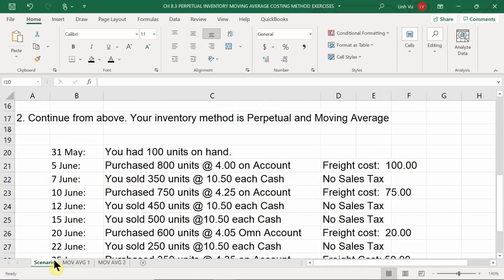Then June 10 rolls around and we end up purchasing 750 units at $4.25, with the freight costing $75. So 750, 4.25, and 75.